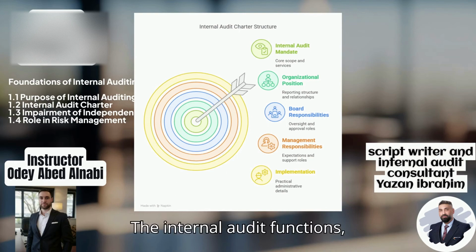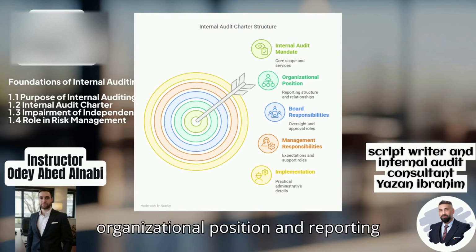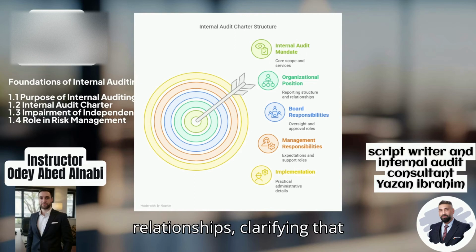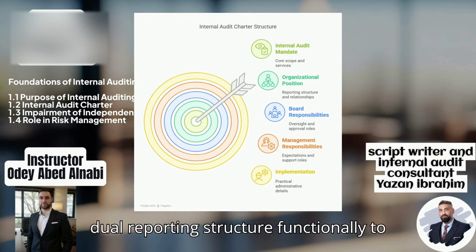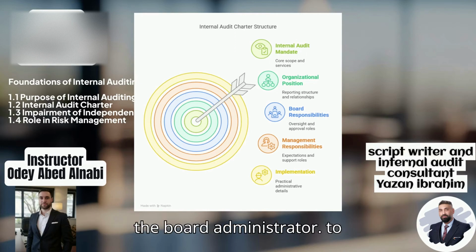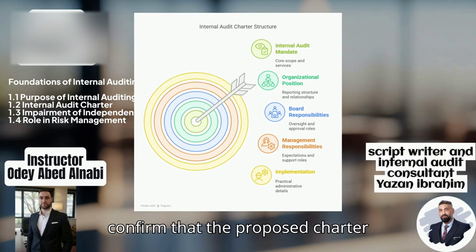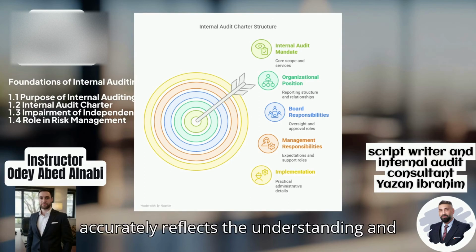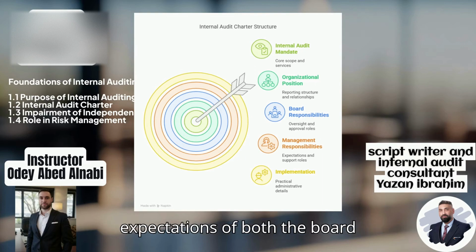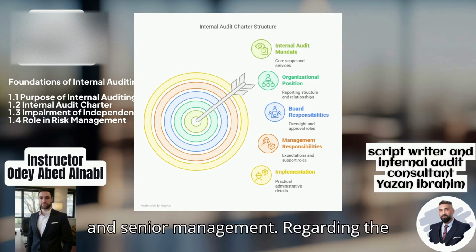The internal audit function's organizational position and reporting relationships, clarifying that dual reporting structure, functionally to the board, administratively to senior management. Before finalizing, the CAE must confirm that the proposed charter accurately reflects the understanding and expectations of both the board and senior management.